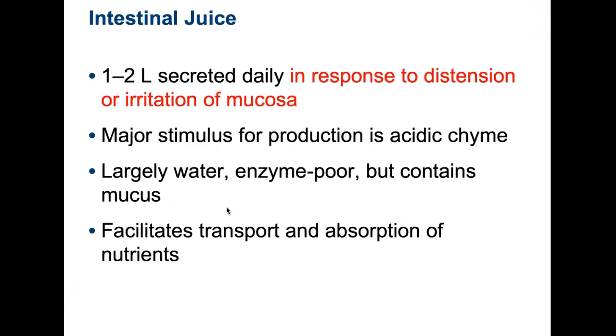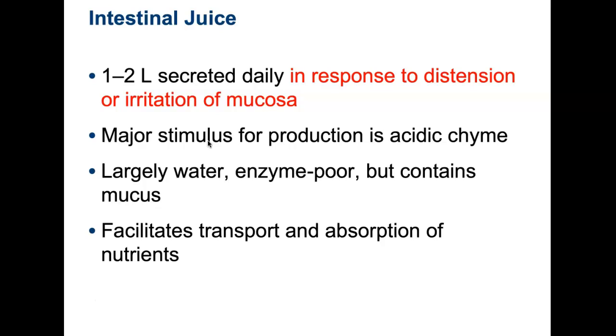This is another nice thought: you have to be secreting intestinal juice. As the chyme is moving through the small intestines, you have to have some fluid in there, right? Intestinal juice, we secrete a couple of liters a day. The major stimulus for its production is the acidic chyme. The chyme coming in from the stomach was highly acidic.